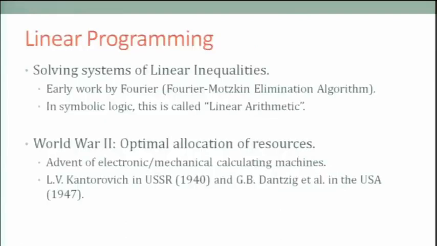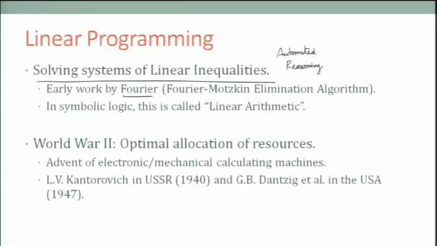Okay, so linear programming started off from logic. People were very much interested in solving systems of linear inequalities because they were interested in automated reasoning. Theorems involving linear inequalities were one area where it was thought you could have algorithms that automate the reasoning.